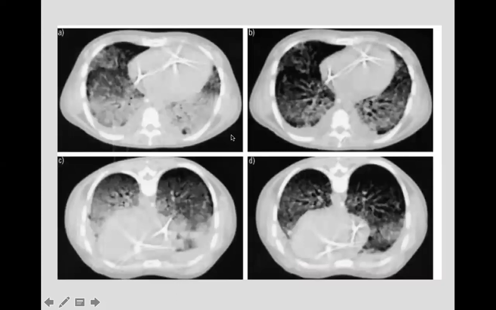Now in this picture, you see in the supine position, these are the dependent areas of the lung, which are compressed by the heart, compressed by the lung itself, and are atelectatic. And in the same patient, when you turn this patient prone, this part of the lung, the dependent part, is the larger part of the lung, and it has started to open up.